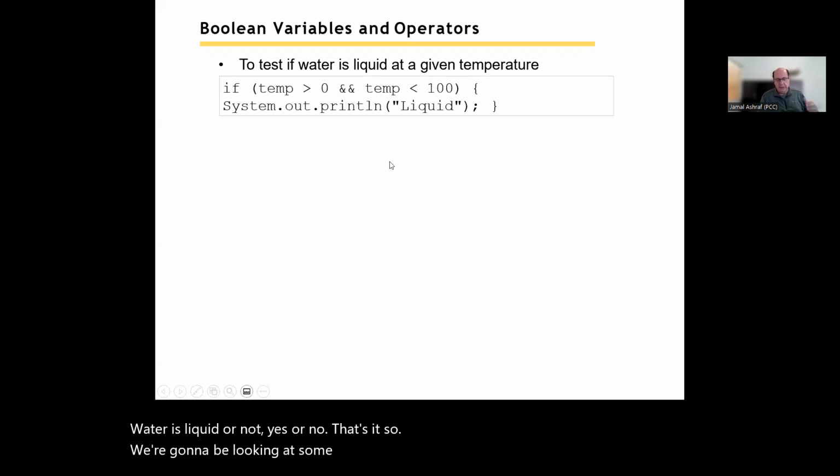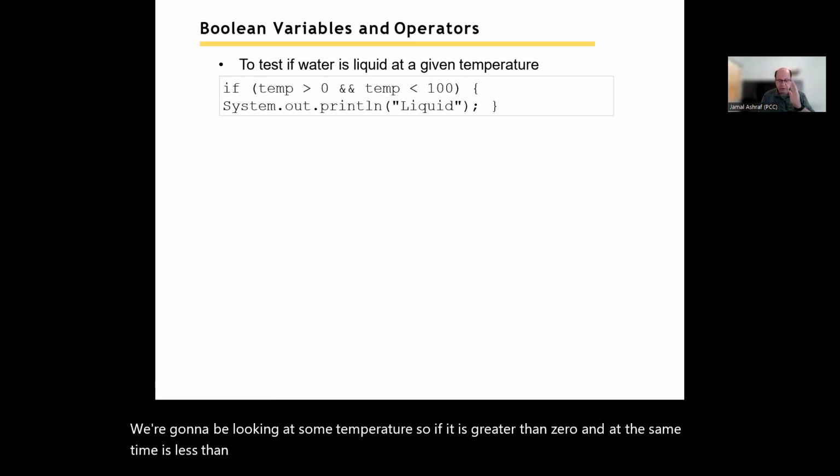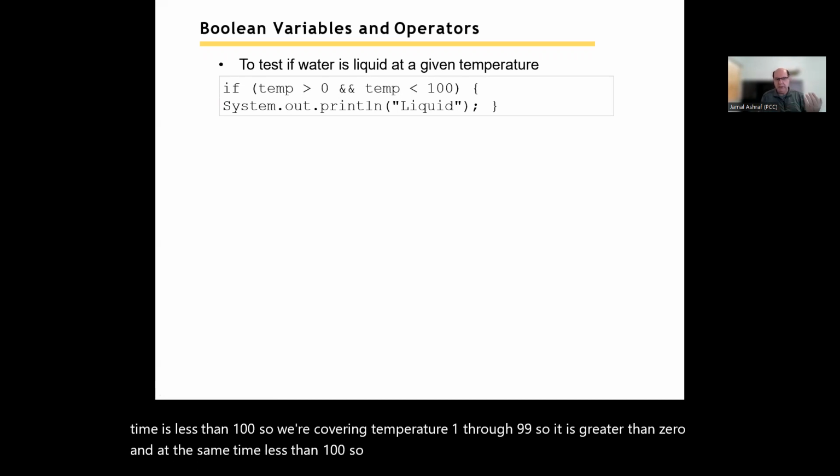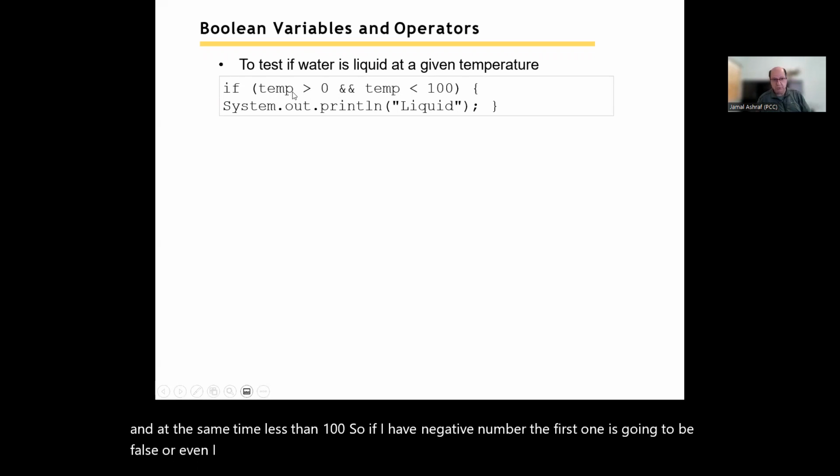So if it is greater than 0 and at the same time is less than 100, we're covering temperature 1 to 99. If I have a negative number, the first one is going to be false, or even if I have 0, the first one is going to be false.